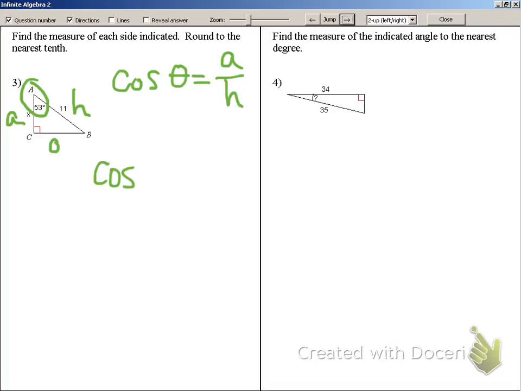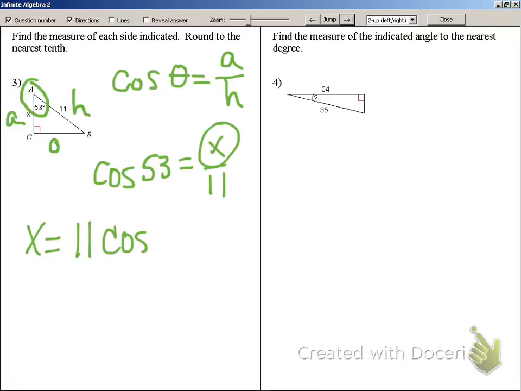So cosine 53 degrees equals x over 11. So this one would be worked just like number 2. X is on top, so we're going to multiply 11 times cosine of 53 degrees. We're going to plug that into our calculator, and x is approximately 6.6. And I say approximately because we have to round.